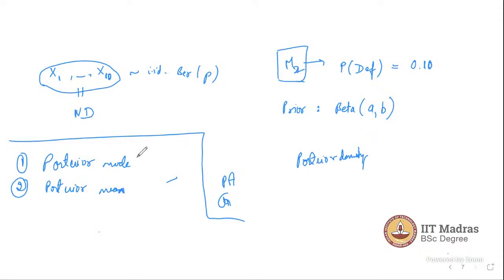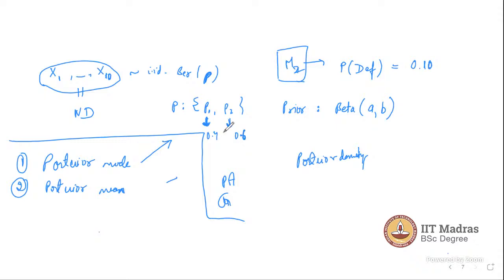In case of posterior mode, we just check. Let's say I have a parameter p, and it takes two values, p1 and p2, with some distribution. Let's say the probability of p1 is 0.4 and the probability of p2 is 0.6.